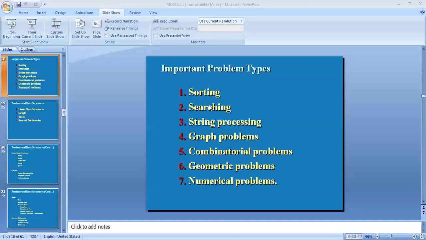The graph coloring problem is to assign the smallest number of colors to vertices of a graph so that no two adjacent vertices are of the same color. This is the second type of problem.